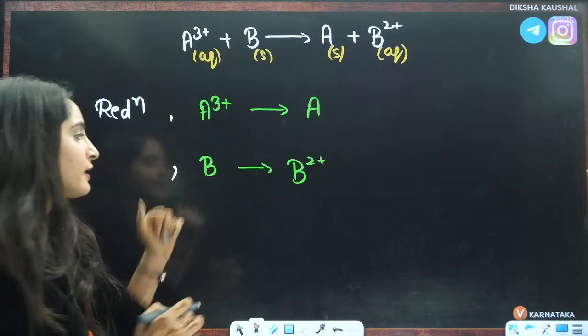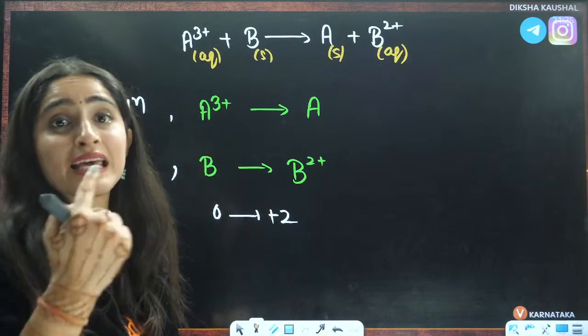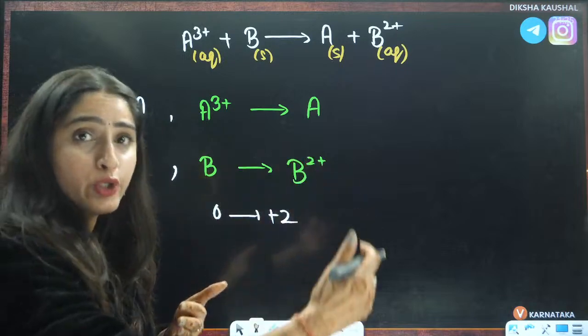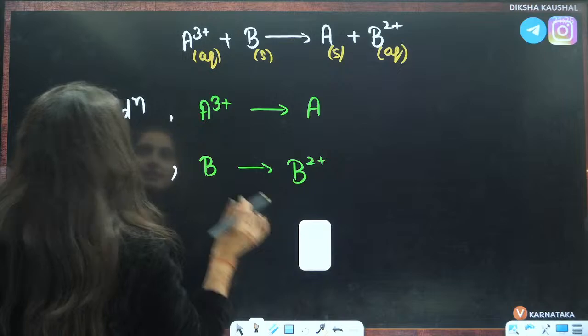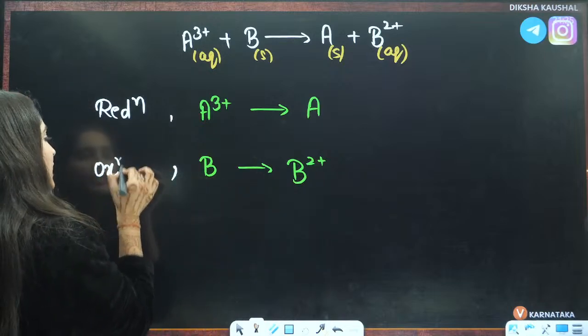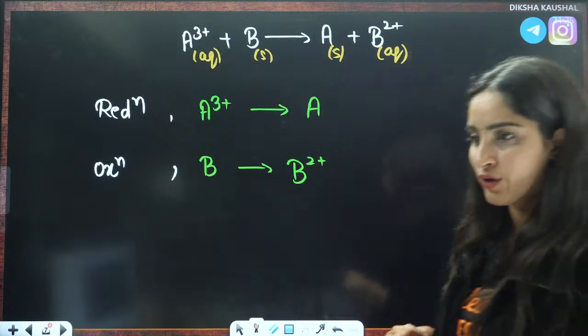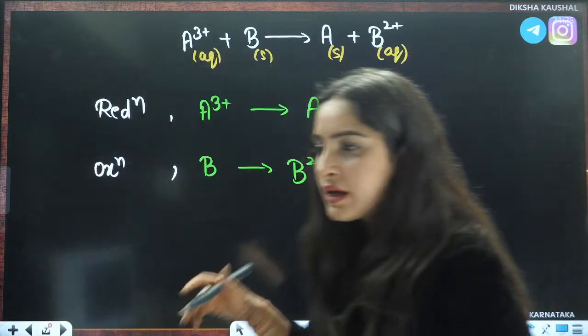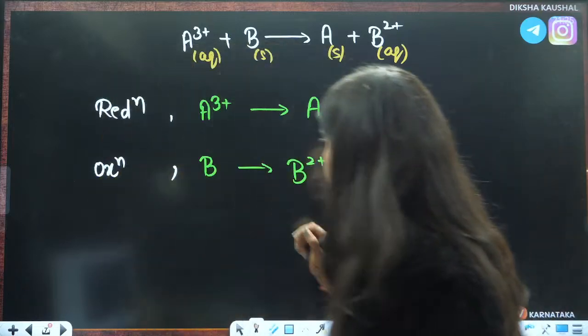And here it is from 0 to plus 2; oxidation number is increasing, 0, then 1, then 2. So this is oxidation. Right, students? Very good, Suni. So this is called oxidation.